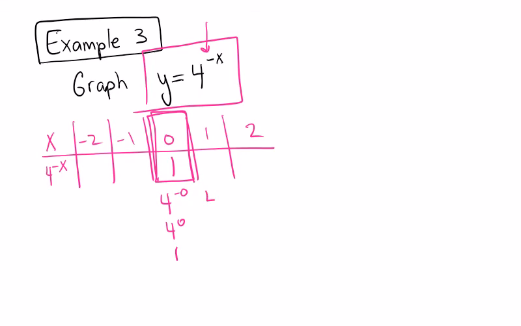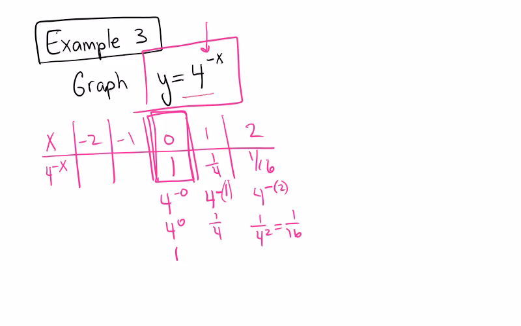Then we're going to have 4 to the -1. Well, 4 to the -1, because the negative is part of the equation and the 1 is the value, is going to become 1 over 4. Then we're going to get 4 to the negative 2. So that means 1 over 4 squared, which is 1 over 16. What just happened?